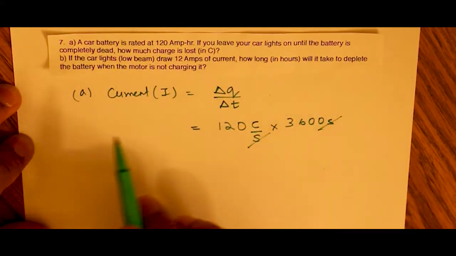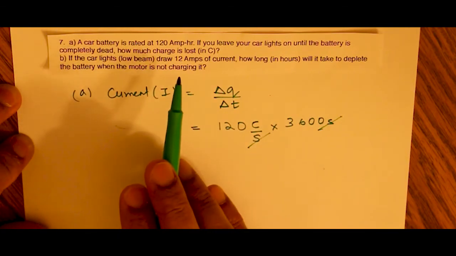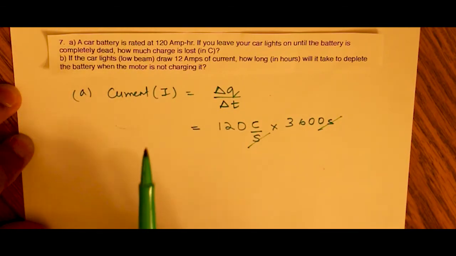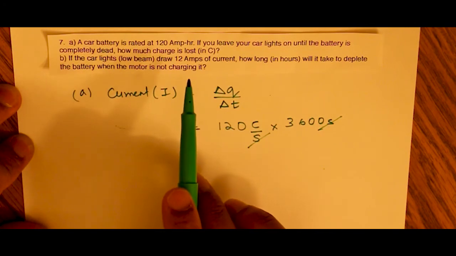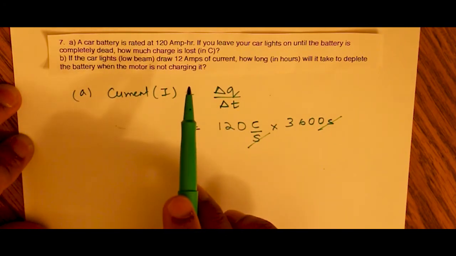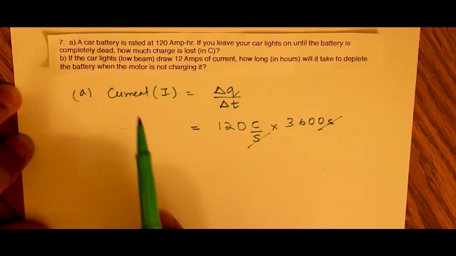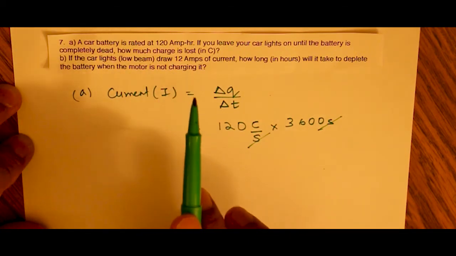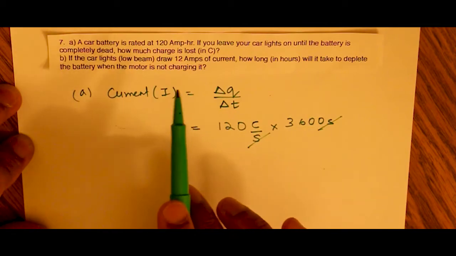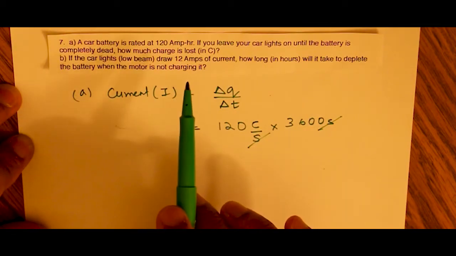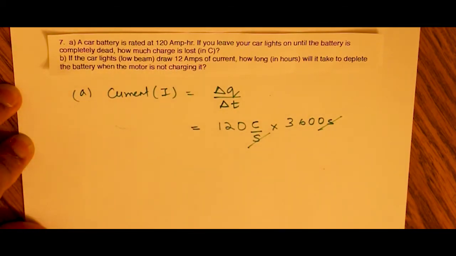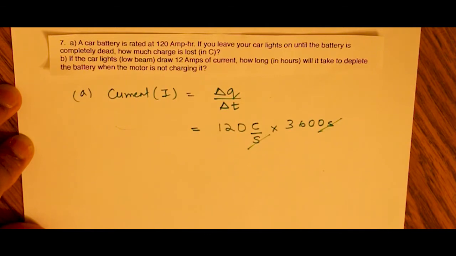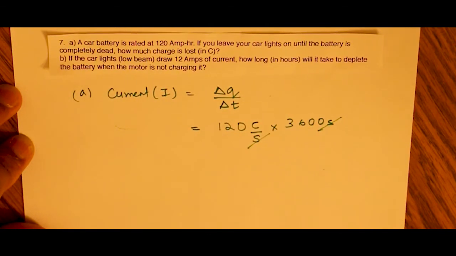So this will tell us the charge that is lost in 1 hour, because an amp hour is essentially a rating that says a battery can supply 120 amps in 1 hour, and that's it. It will be depleted after 1 hour if it supplies 120 amps. That is essentially what the rating means.